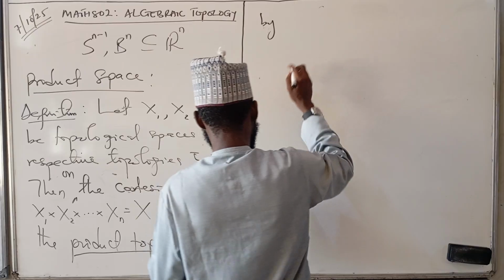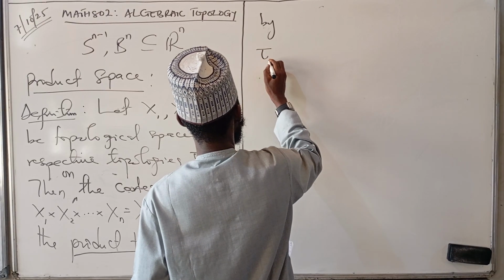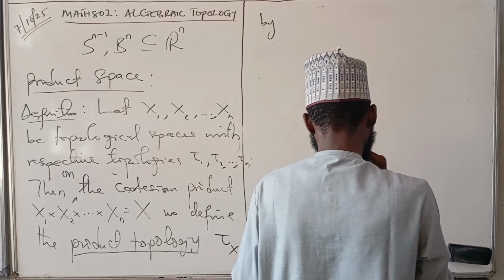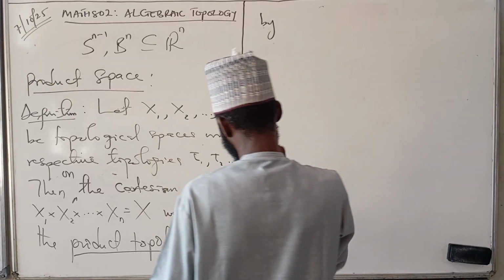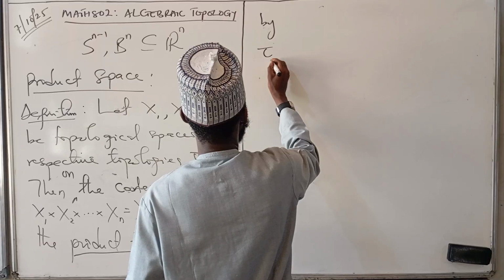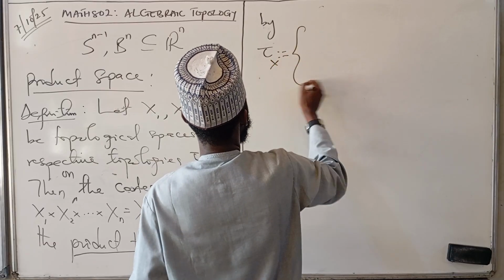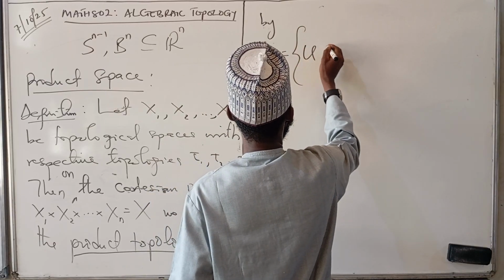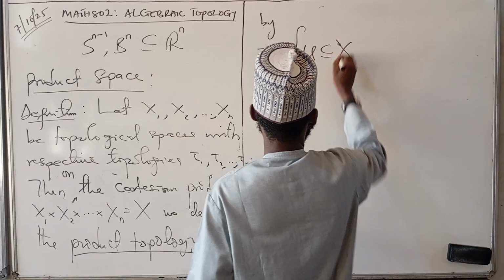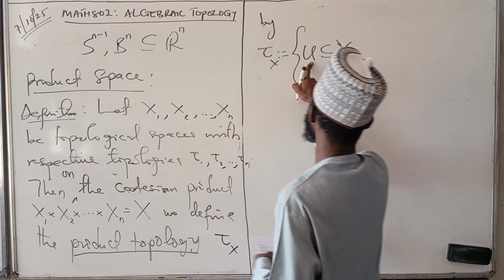So what will be open here? Well, tau of X is the set of all subsets U of X. So subsets of the Cartesian product.